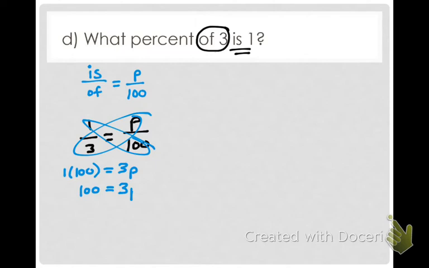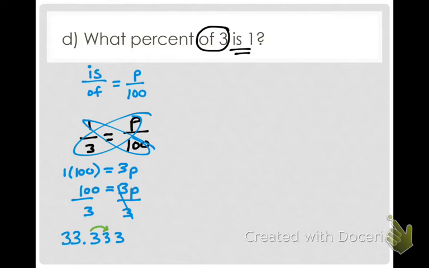Your goal is to get p by itself, so you're going to divide both sides by 3. Now, this is where people had some struggles. I told you to round to the nearest tenth. When you look at it, you got 33.3 repeating. That means 0.33333. So remember, you are rounding this. You're simply trying to figure out, is that number 5 or bigger? Yes or no?